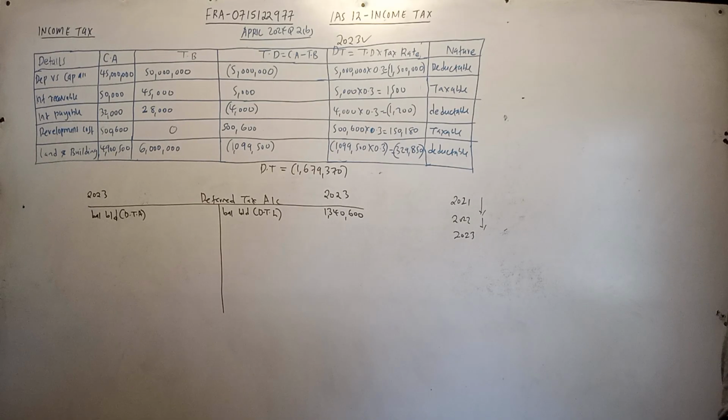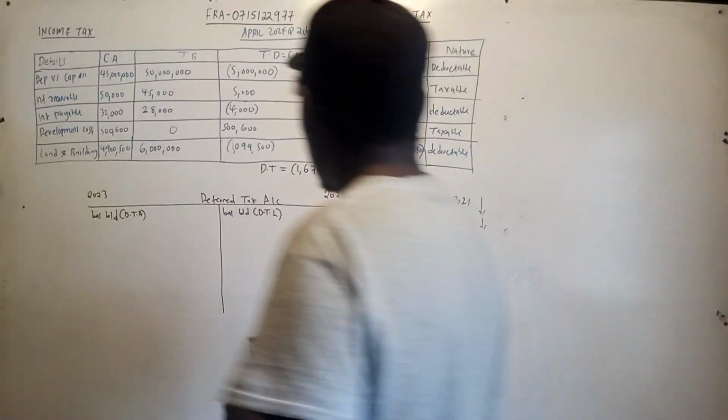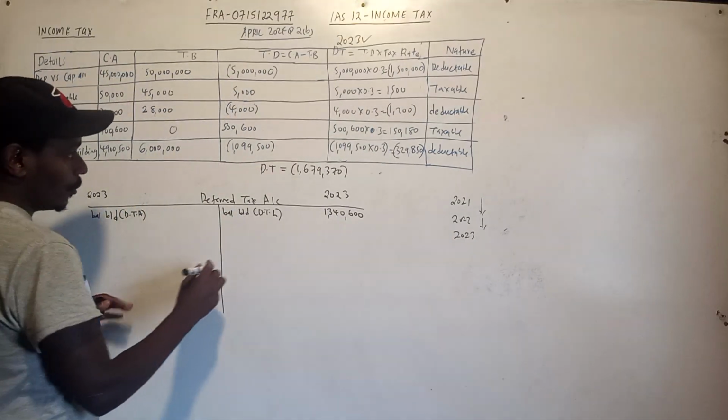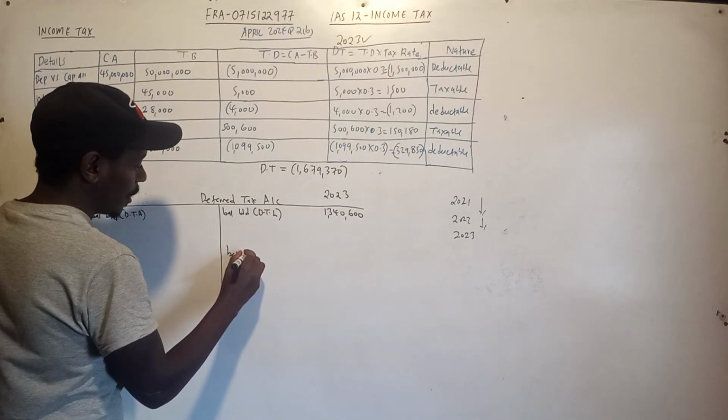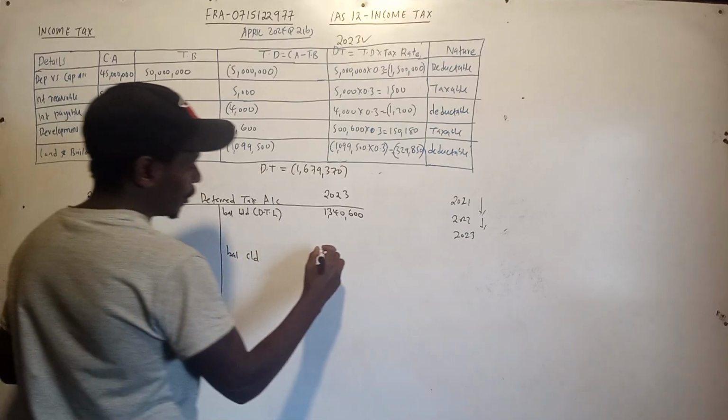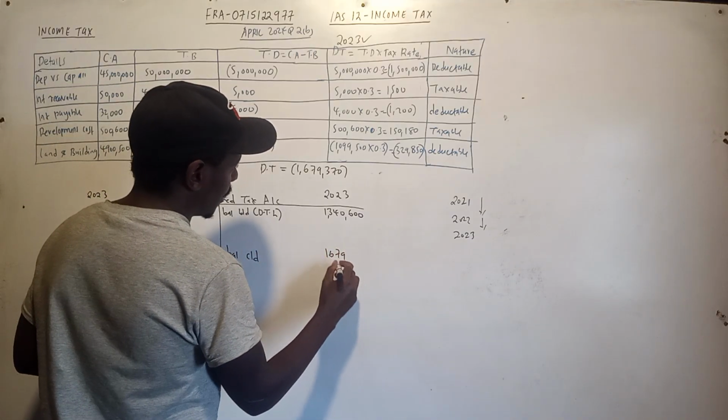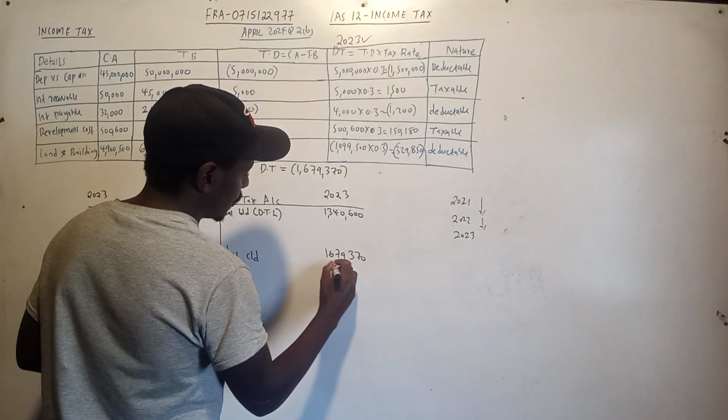We shall still have the credit balance actually. In this case, we shall have a credit balance of how much? Because it's a negative figure, we shall have a balance carried down of 1679 370.